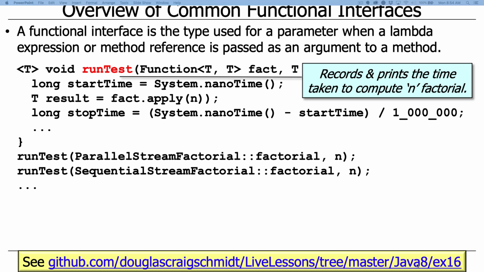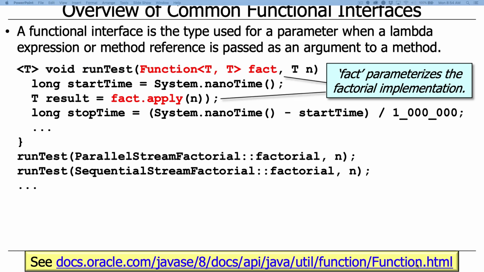But here's the run test method. What we're doing is we're going to record and print the time taken to compute the nth factorial, so for some n. And we're going to pass in a parameter. This is what's called behavioral parameterization.